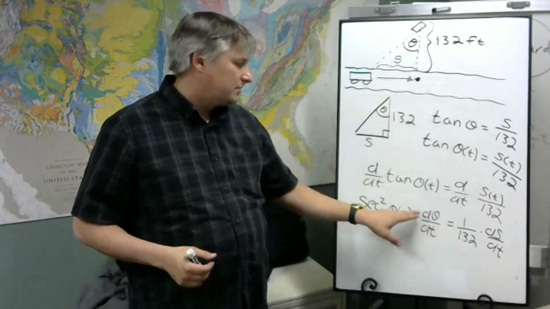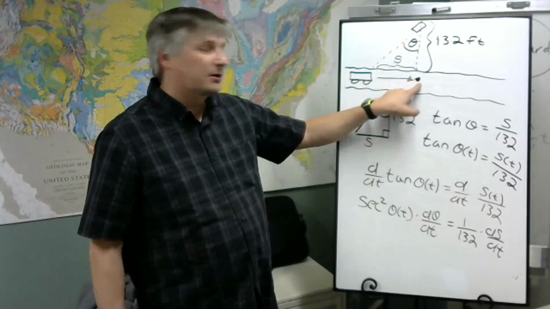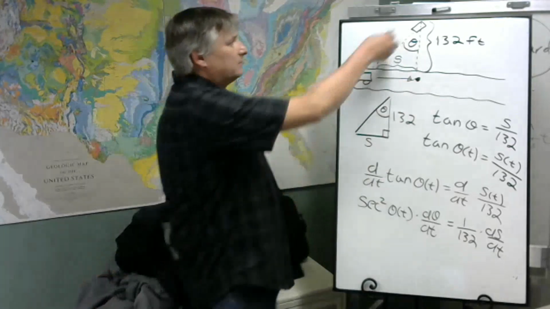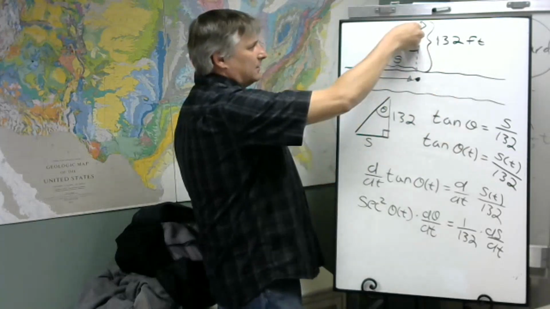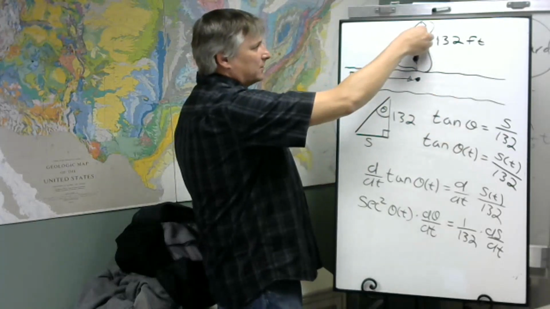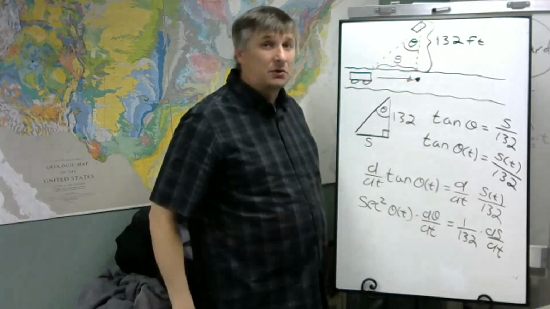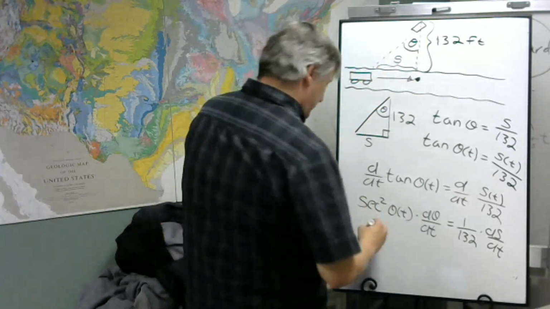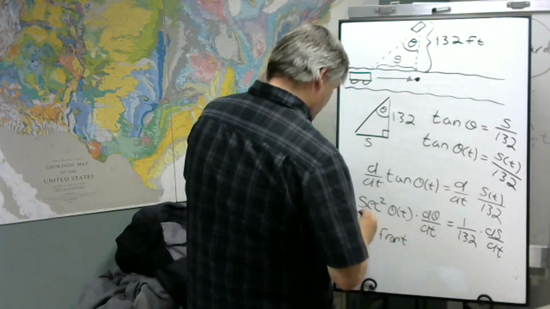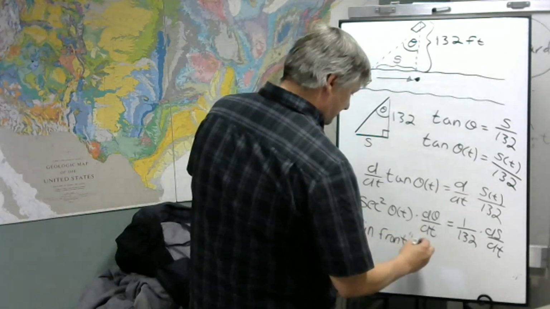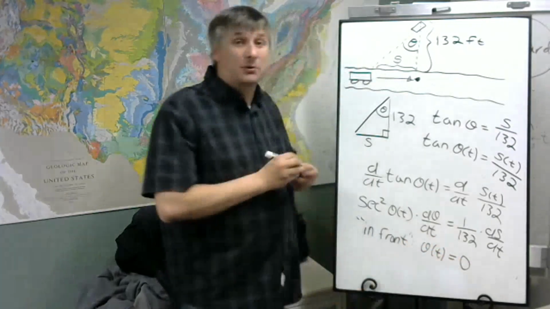We want to find d theta dt of our camera angle when the car gets here. Now, if you notice theta, as time passes, if the car does this, the angle is going to get smaller and smaller. And when the car's right in front, the angle is going to be 0. So in front, that tells us theta of t is 0.